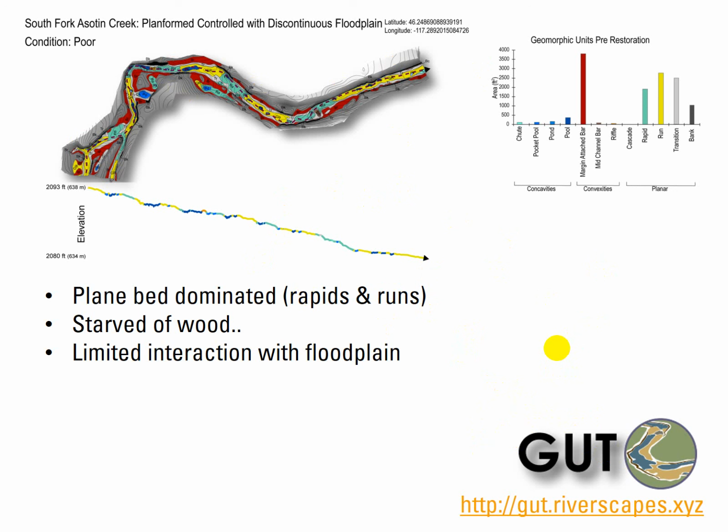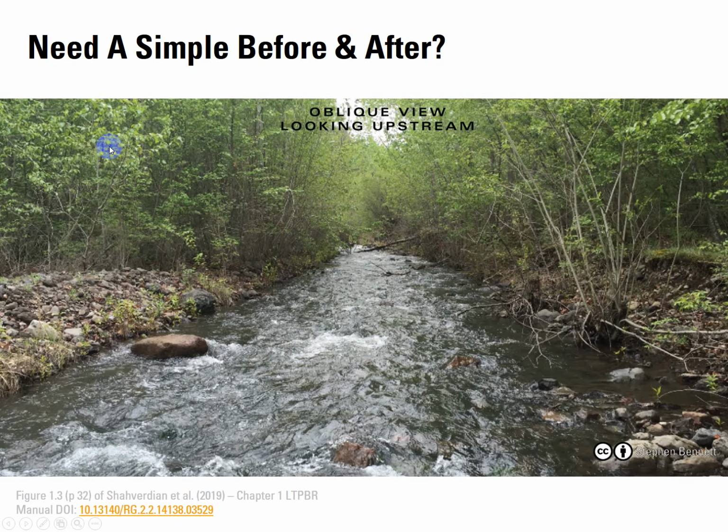All GUT does is derive geomorphic units, a fancy way of saying things like pools, bars, planar landforms. So what we've got here is a system that's dominated, if we follow this long profile through, by something that's this light cyan and yellow, right? That's mostly what we're dealing with as we go through this bowling alley.